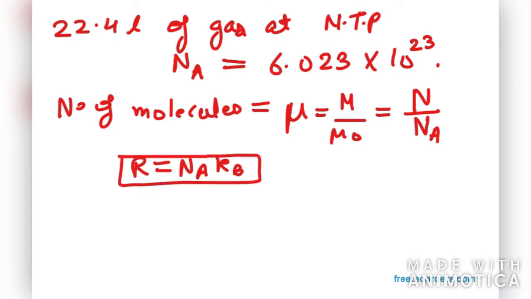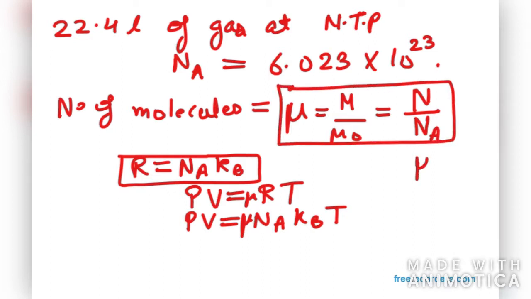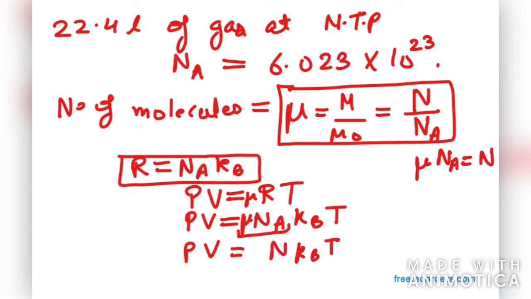Now putting the value of R in PV = mu RT, PV can be replaced with mu Na Kb T. Now, as you know, mu Na will be equal to N. So I will replace mu Na with N. So PV = N Kb T.